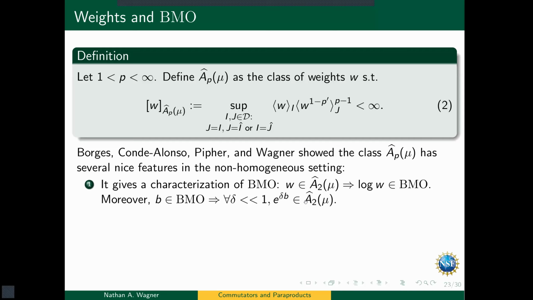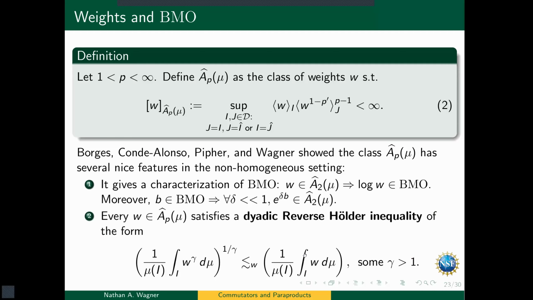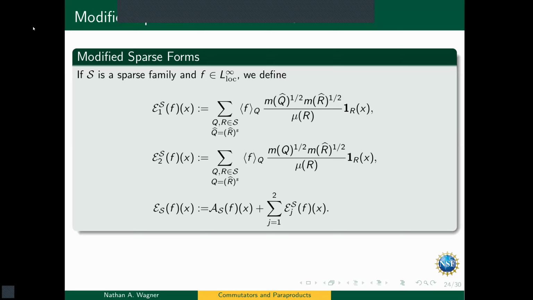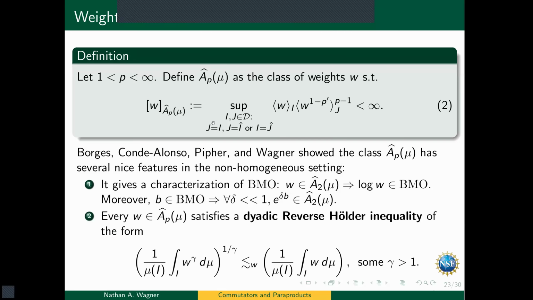So it's the right space of weights to characterize martingale BMO. And it satisfies a dyadic reverse Hölder inequality, which is something that isn't generally true for dyadic A_P weights. So it has some nice properties. And this was the class that we had previously proved weighted estimates for.